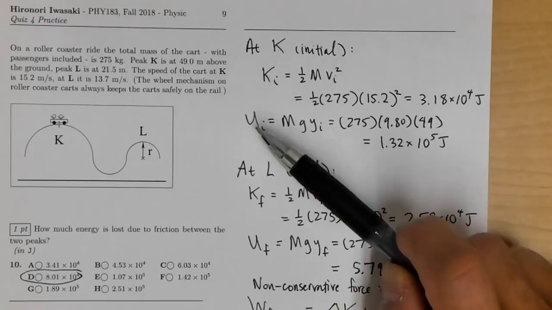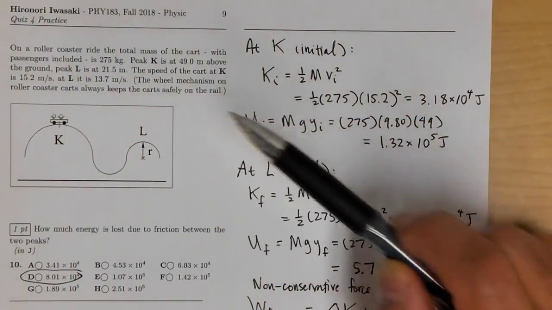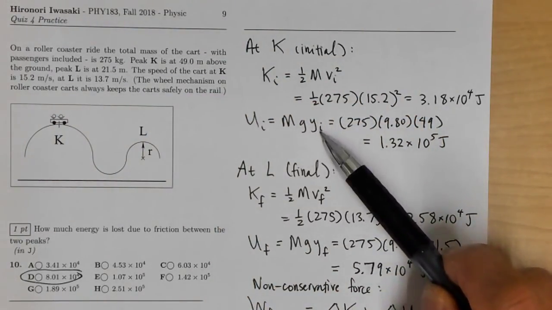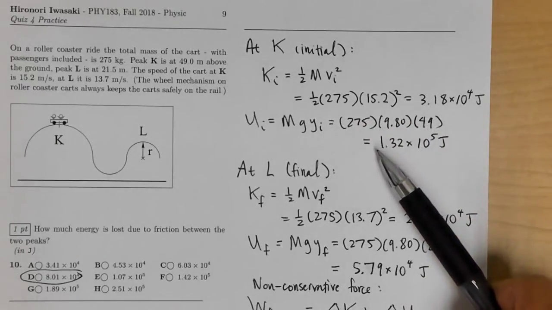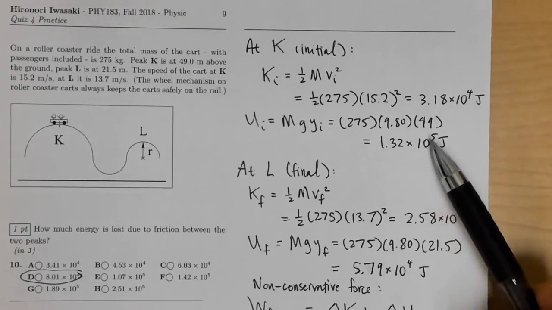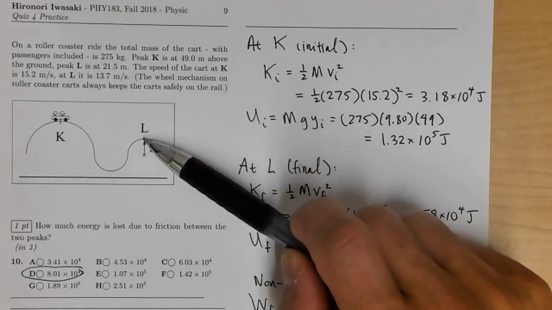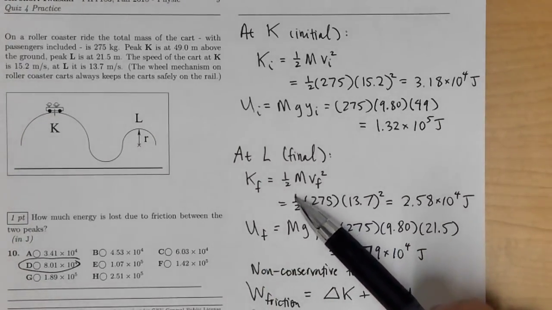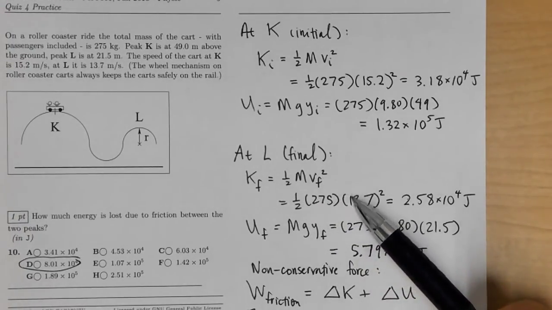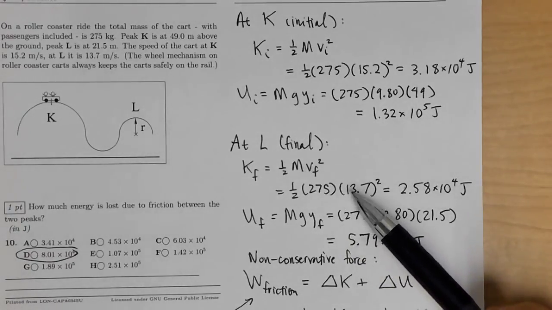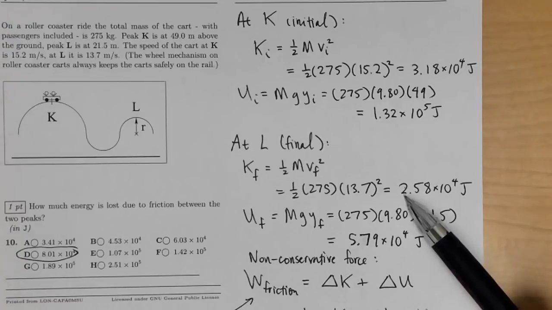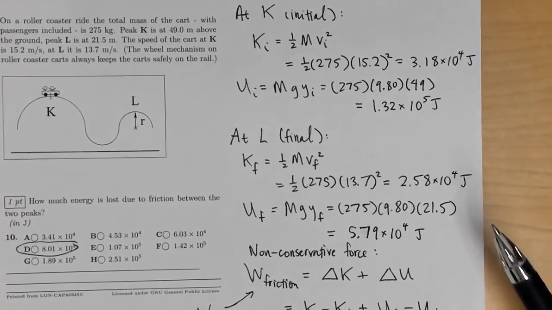The initial potential energy, the height is 49 meters, so m g times y initial: the mass is 275 times 9.8 times 49, and we get 1.32 times 10 to the 5th joules. Now at the final point, the final speed we're told is 13.7, so we get 1/2 times 275, the mass, times 13.7 squared, and we get 2.58 times 10 to the 4th joules.